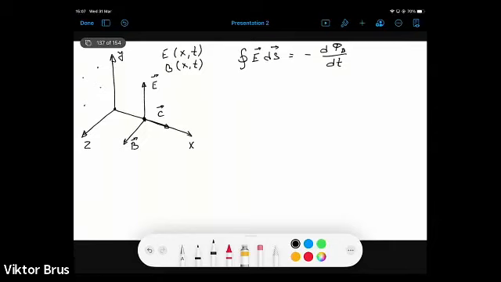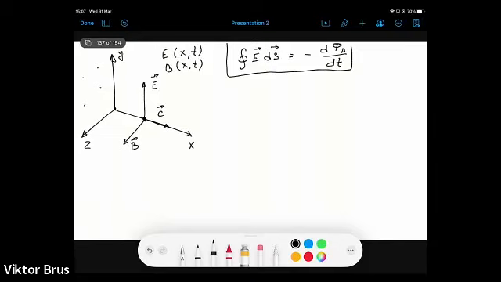In order to apply this Faraday's law, we need to first calculate the left side of the equation, this linear integral along the closed path. So we need to define the path, the direction along which we will integrate, and perform this integration.